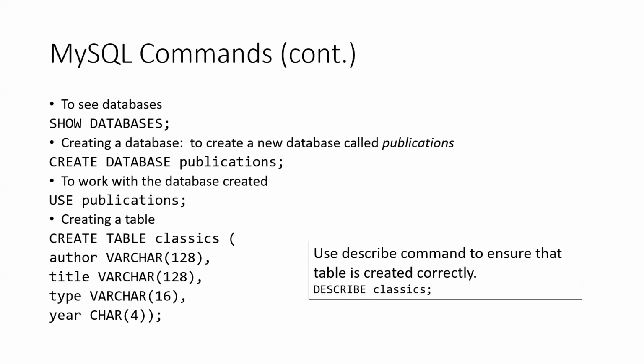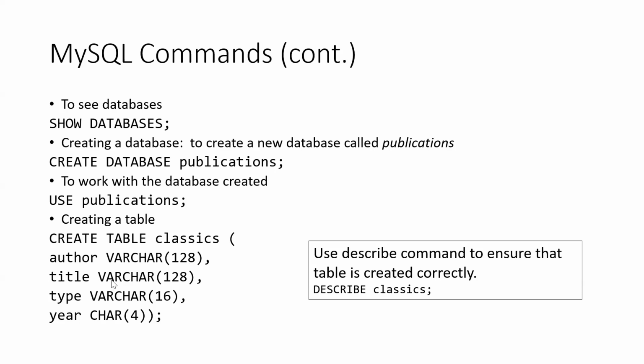I will discuss data types later, but for the time being, this says we are using a data type called varchar, variable character, with a maximum of 128. Variable character means that depending on the size of the author name, we allocate the required space. The maximum is 128.